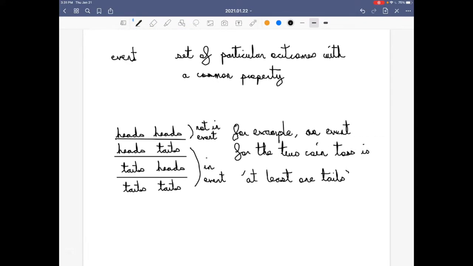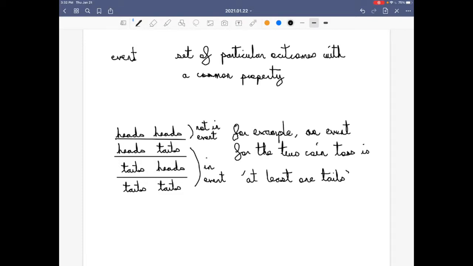Okay. So the next word we want to define and the next concept we want to formalize in our probabilistic modeling structure is the concept of an event. So the way we want to think of an event is that it's a set of particular outcomes with a common property.